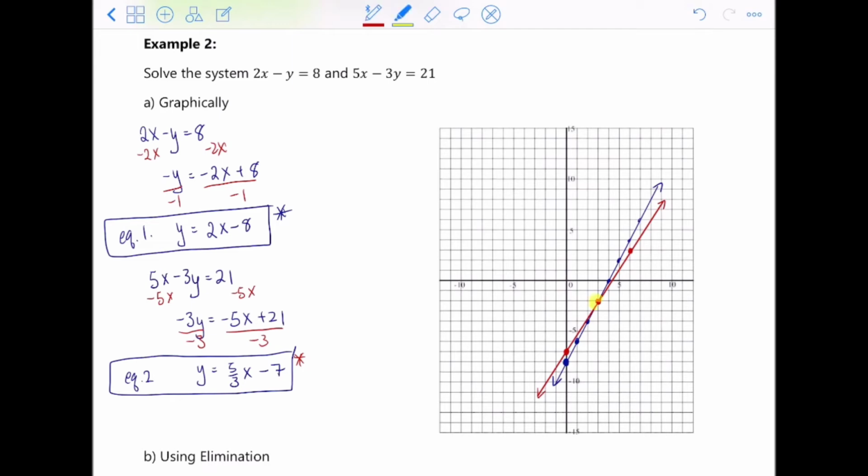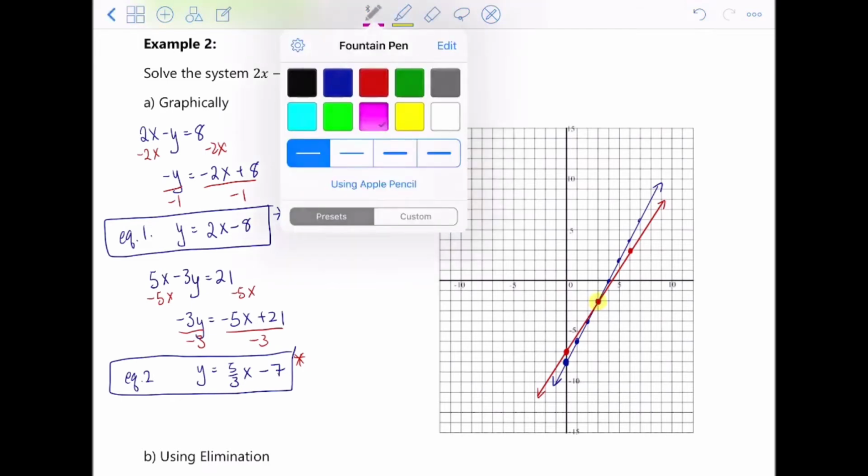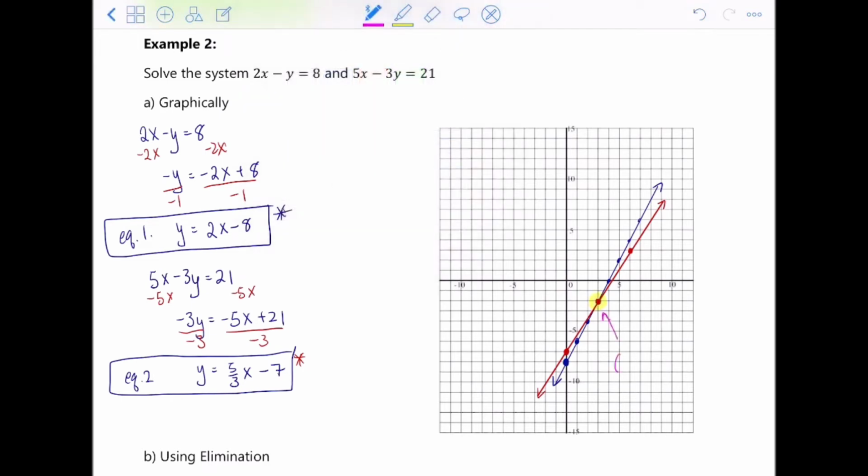So we already found the intersection here, and the coordinate for this intersection is 3 and -2. So here you can state that the solution set is 3 and -2. Let's double check using the elimination method.